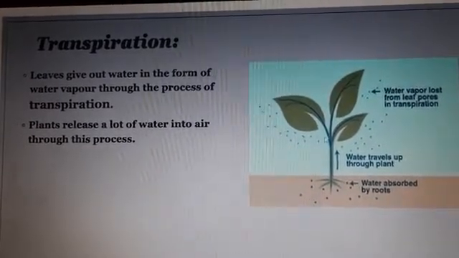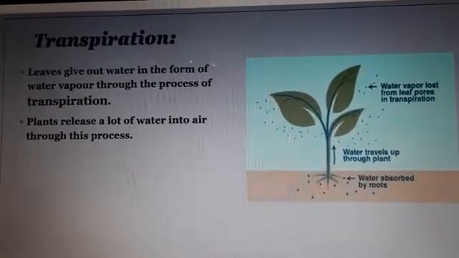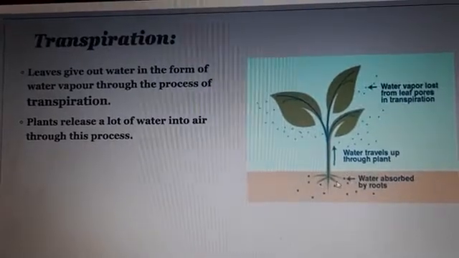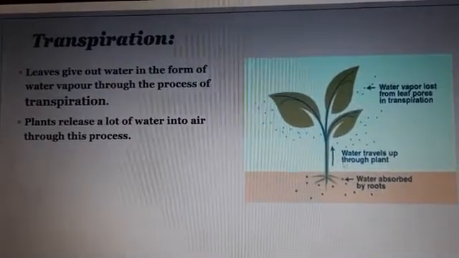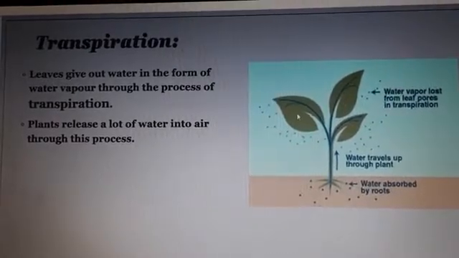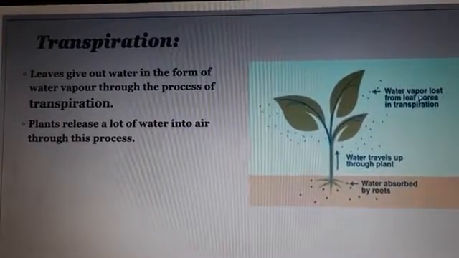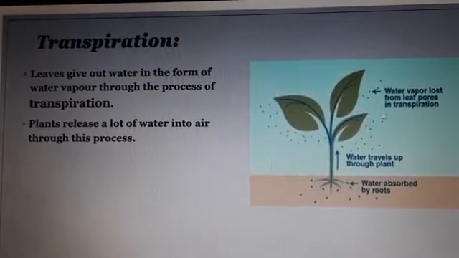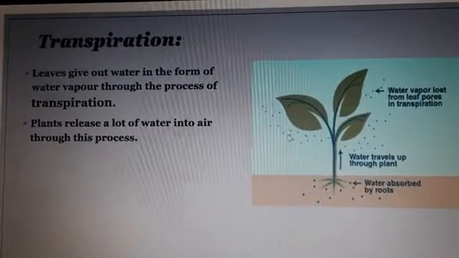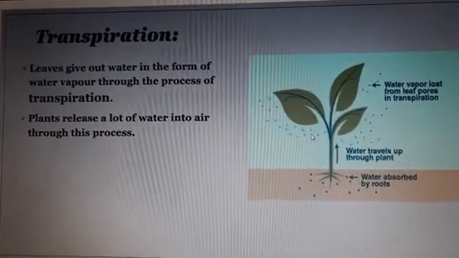So this process is nothing but transpiration. So here the root takes the water in from the soil, and through the plant stem it reaches the upper part of the plant, and then water vapor is lost from leaf pores in transpiration. So these drops which you see are nothing but the water vapor.